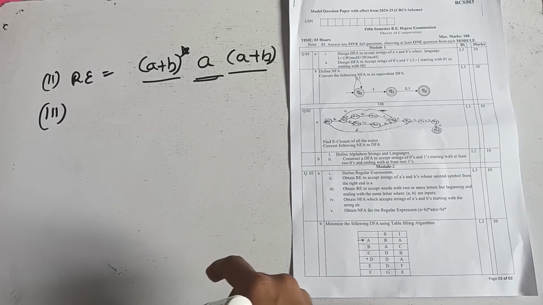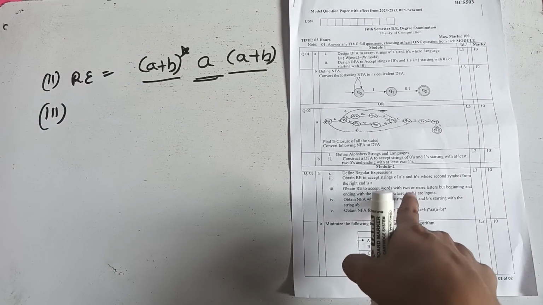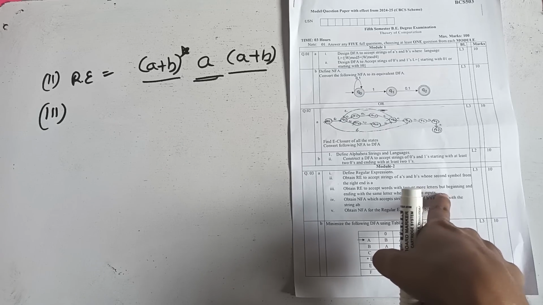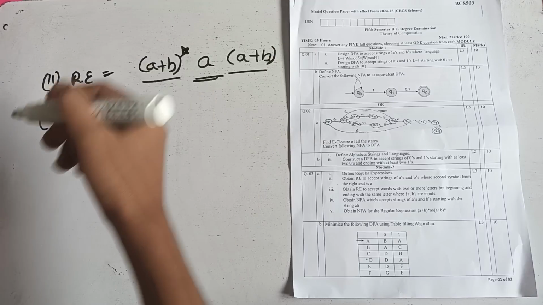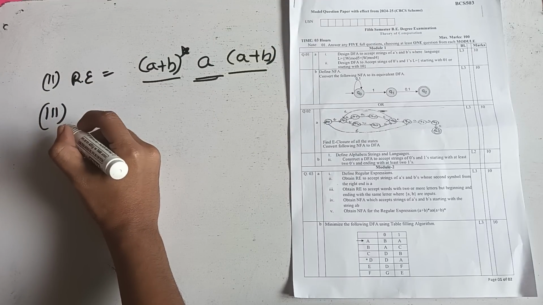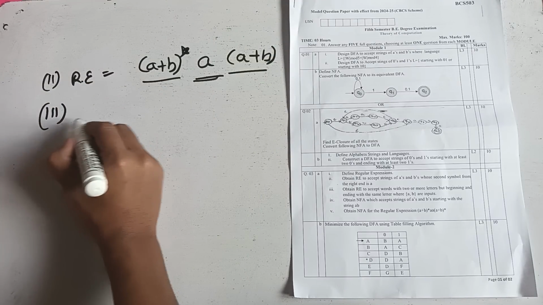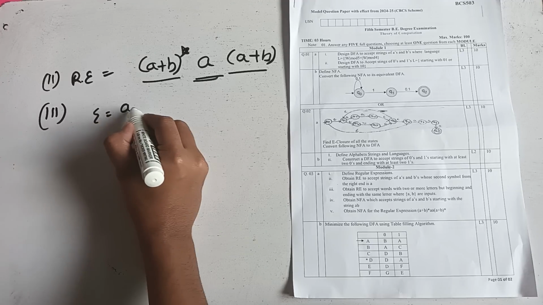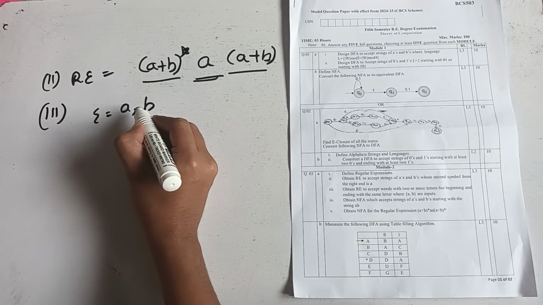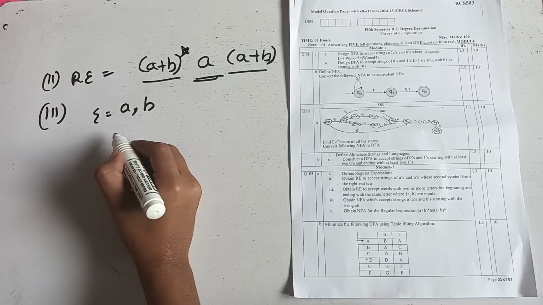Next, obtain a regular expression to accept strings with two or more letters but beginning and ending with the same letter. I think I did it in module 2 itself. So the input is A and B, right? Then begin and end with the same letter.